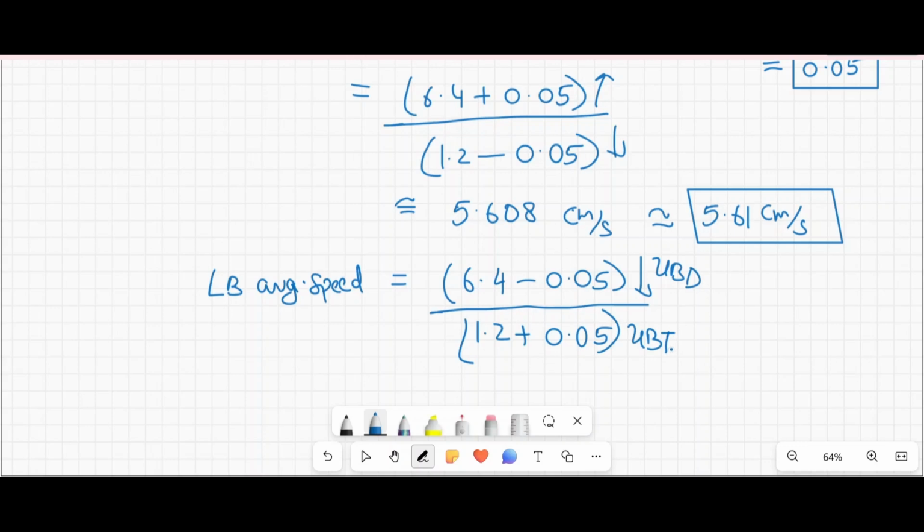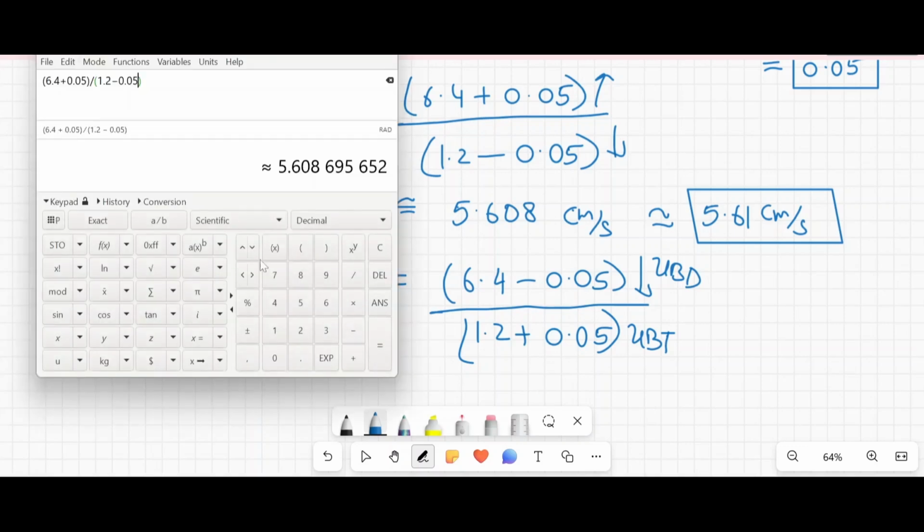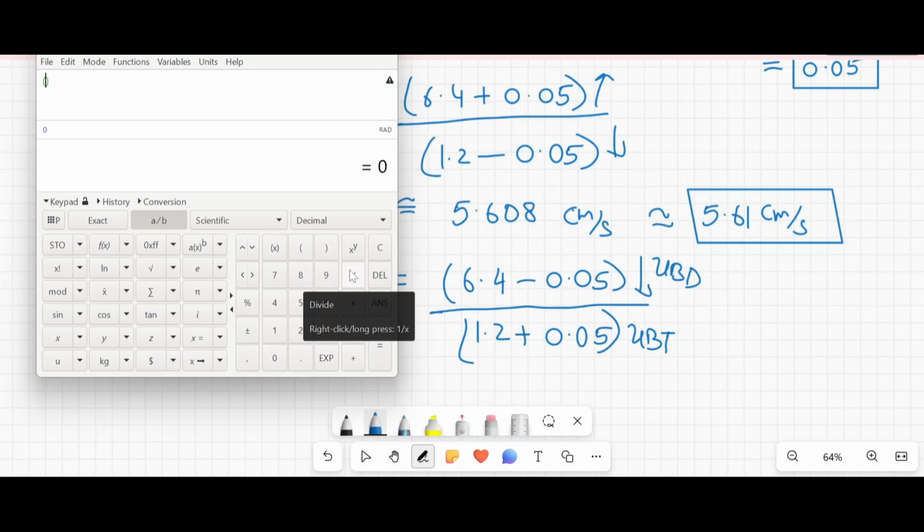So when you calculate this value, how much will we get, let's see. We have 6.4 minus 0.05, divided by 1.2 plus 0.05.